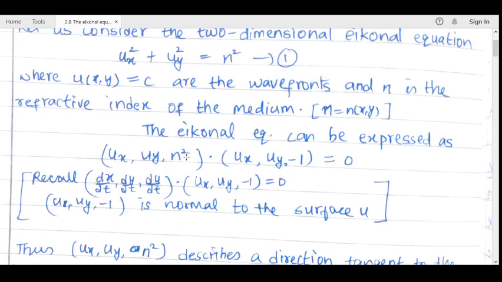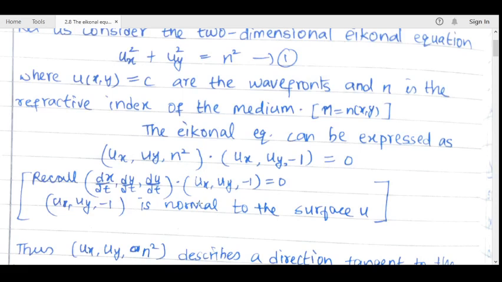And we have seen that the other vector represents (dx by dt, dy by dt, du by dt). So this dot product is 0, this is normal, hence this vector must be orthogonal to it, hence it must be in the tangent plane.